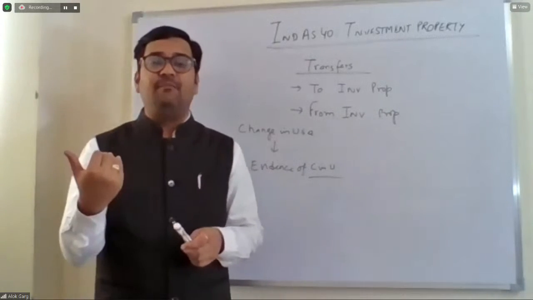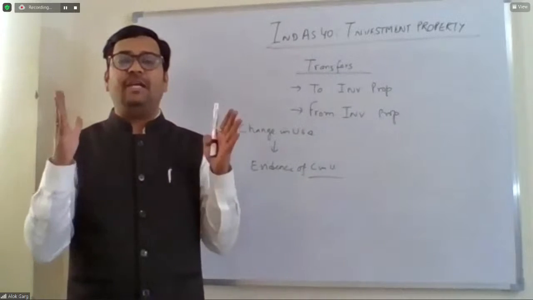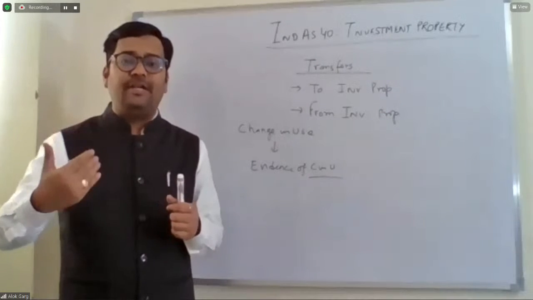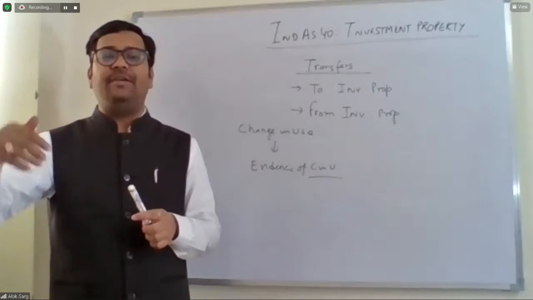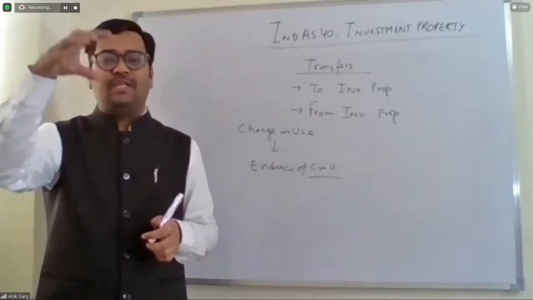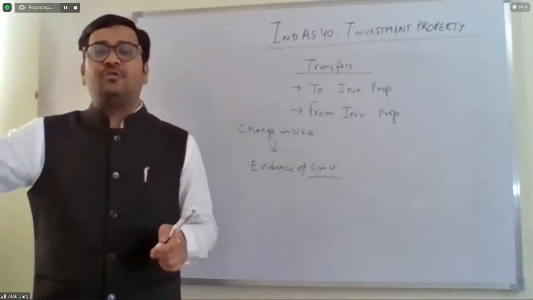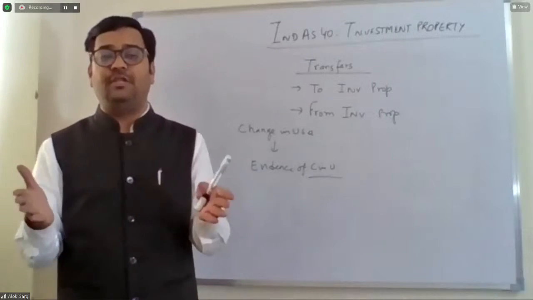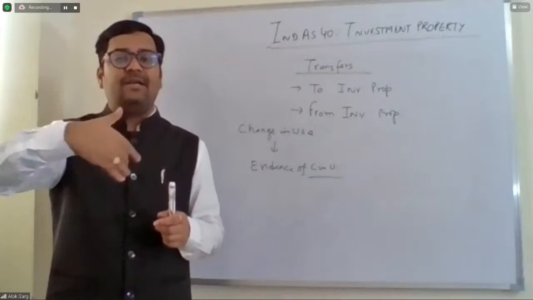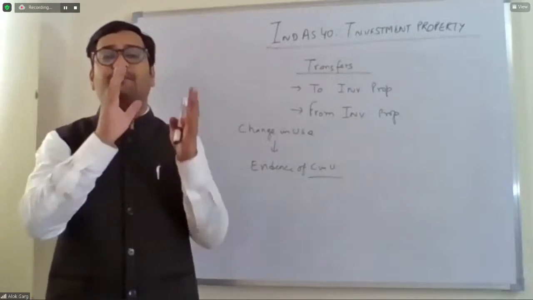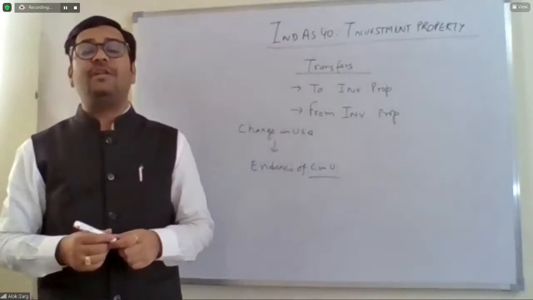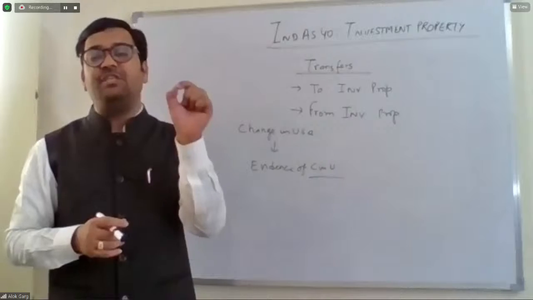So in this case, management may demonstrate that since we are already running into a high cash crunch, and we have already entered into a lease contract for shifting our head office from this place to another place, this will evidence a change in use. The day the company has started leasing out this property, it will be reclassified from property, plant and equipment to investment property. So there must be evidence of change in use also.